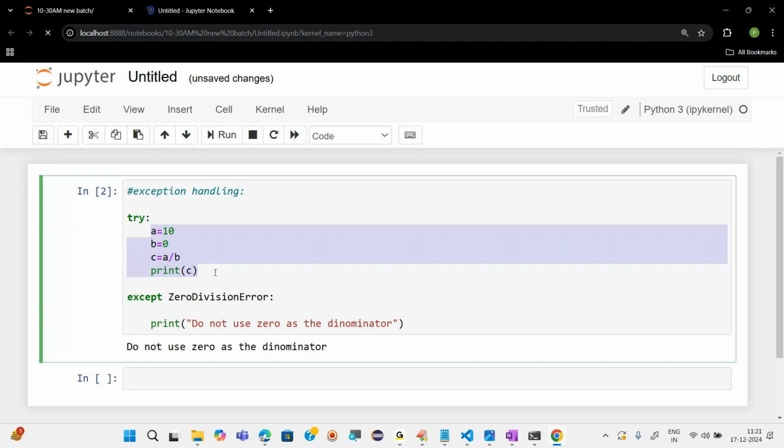No, right? As a layman, as a normal human being, a non-programmer, we can't understand technical messages. What if the ATM machine gives you a technical message? You will get confused. What is this message? Yes or no? But instead, it gives a proper message which can be understood by everyone.